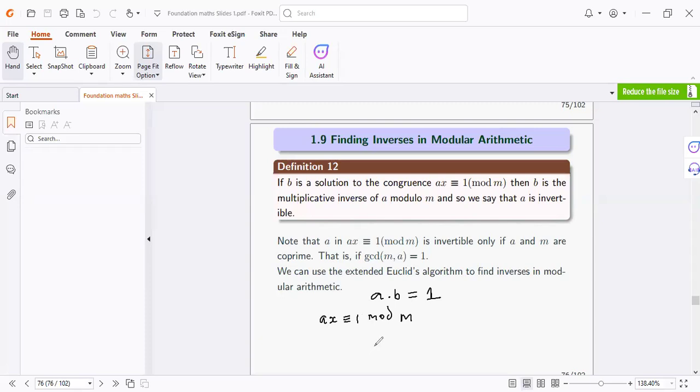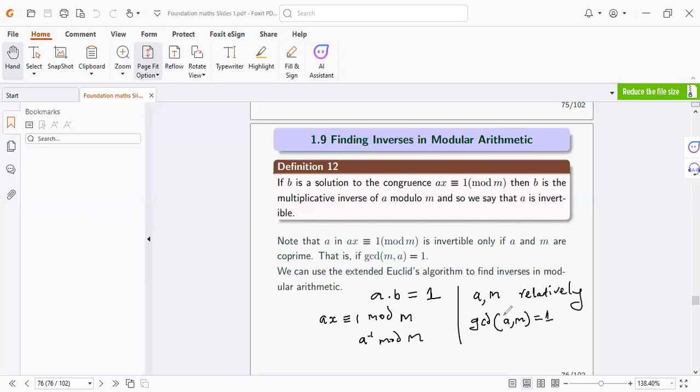Now, a very important thing to note before we begin: when do we say that A has an inverse mod M? For A to have an inverse mod M, A and M must be relatively prime. If they're relatively prime, then A has an inverse mod M. What I mean by relatively prime, as we said earlier, is that the GCD of A and M must be 1 for A to have an inverse.